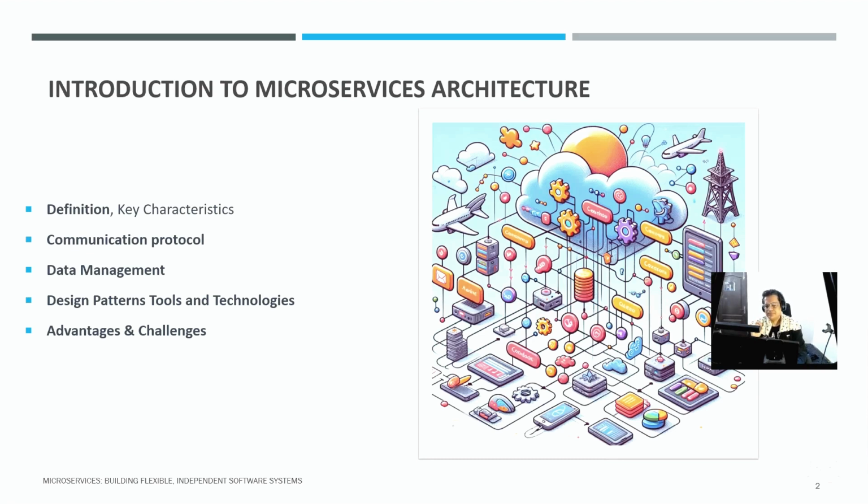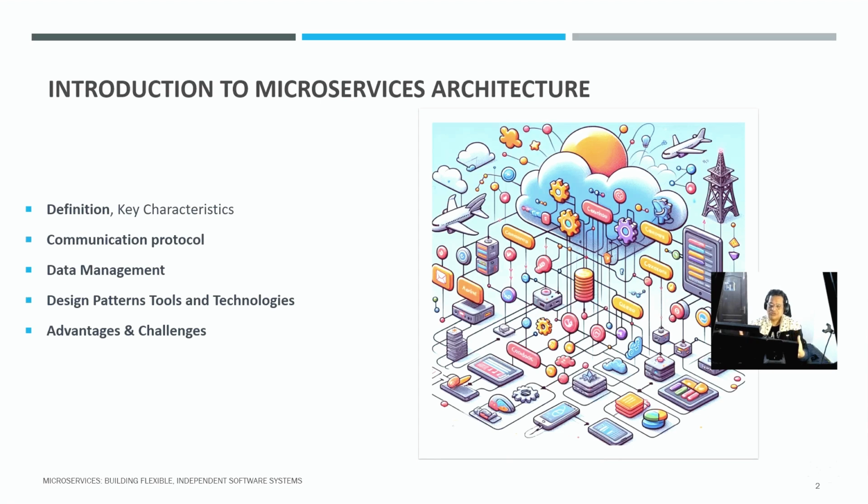The next point is how we manage data inside microservices. Briefly, data management in microservices is assumed to be such that each service manages its own database, right? Now this also makes the microservice architecture a little complex.